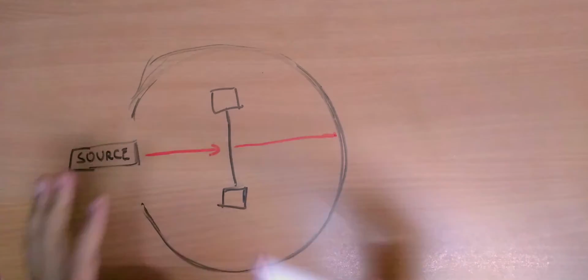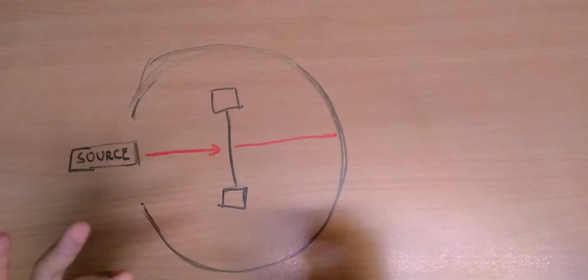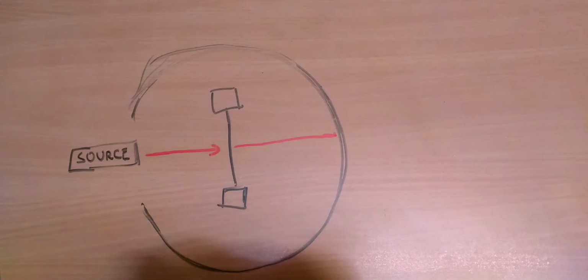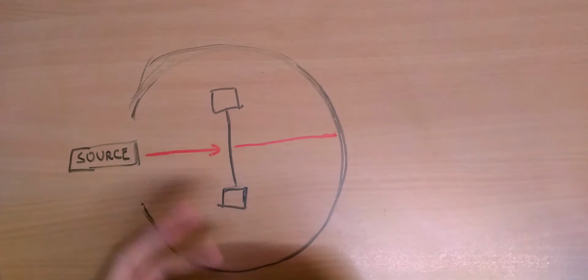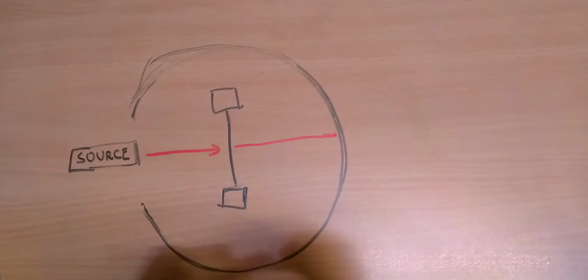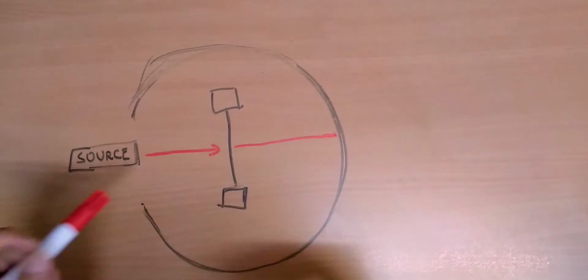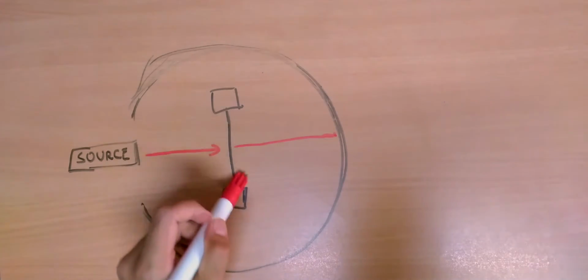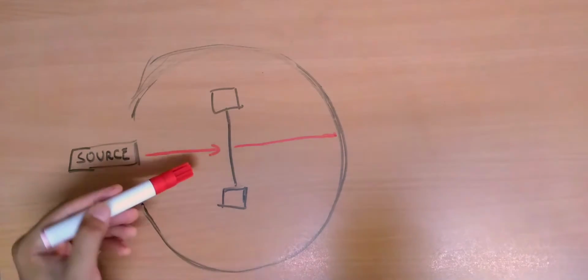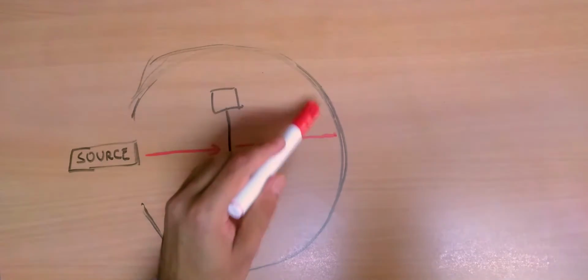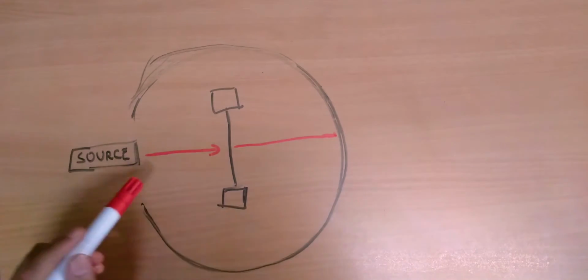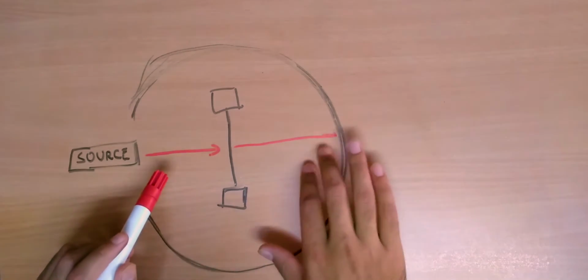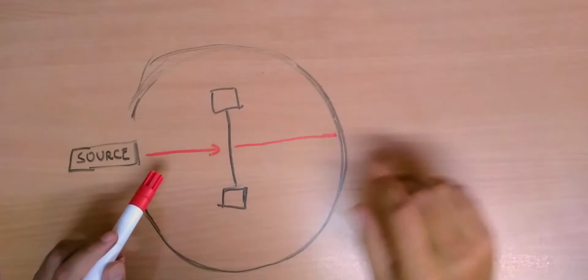Using this experiment setup, Rutherford was trying to study the structure of atoms and confirm Thomson's model. So he would shoot alpha particles towards the very, very thin gold foil, and this screen would just detect the location at which the alpha particle would reach after passing through the gold foil.